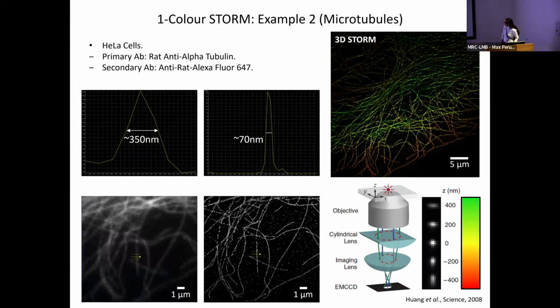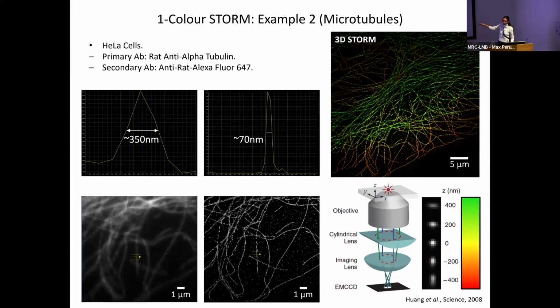And now just a quick word on 3D storm. I'm just going to load everything here. If you put a cylindrical lens in the path, you can introduce astigmatism in your image. What that will do is that your PSF will appear different depending on the Z. So you have distortion in one orientation if you're below the focal plane, and distortion in the other direction if you're above the focal plane.